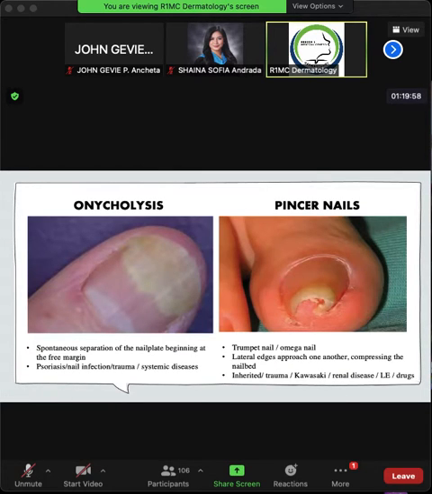Next is your onycholysis. It is a spontaneous separation of your nail plate, usually beginning at the free margin and progressing proximally.